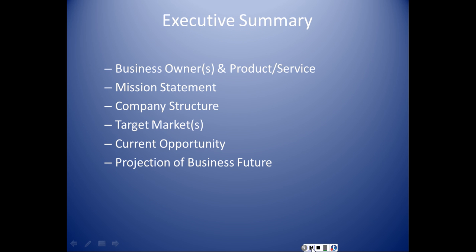One of the most important parts of the business plan is the executive summary, and many times individuals will say that you really want to wait to do the executive summary until you've done everything else so that you can summarize what you're really wanting to talk about. So in the executive summary, it's important that you talk about the business owner and the products that exist.